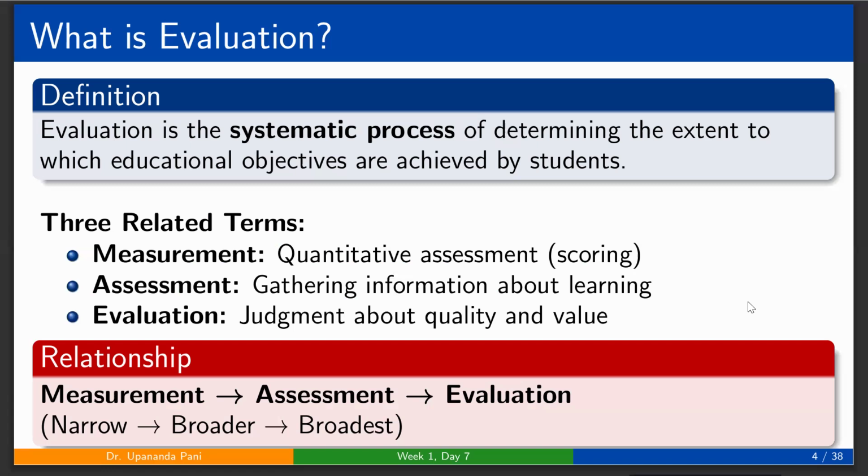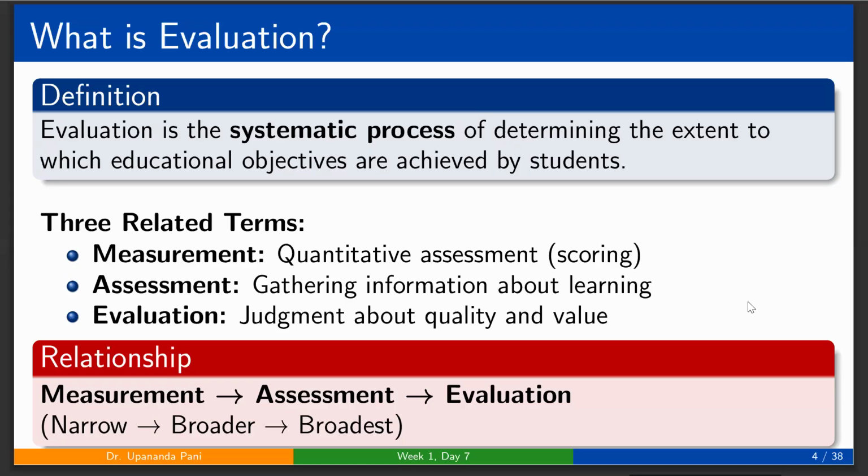We are talking about evaluation. Evaluation is a systematic process. It is not just a random process, and moreover it is a judgment about the quality and value based on the measurement as well as the assessment.